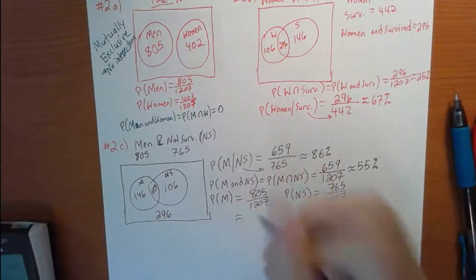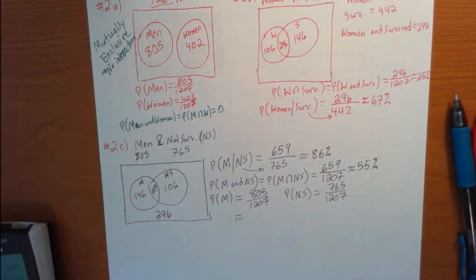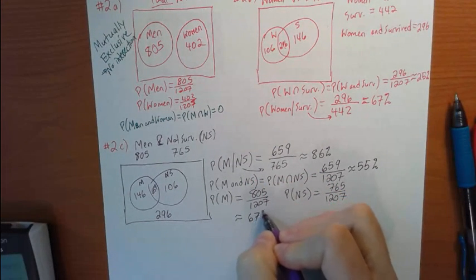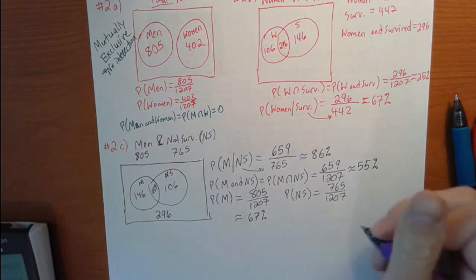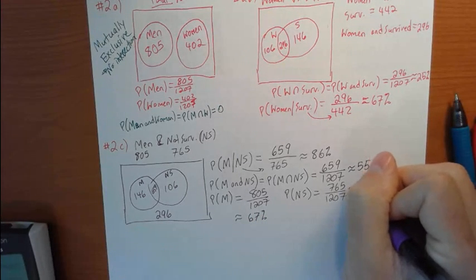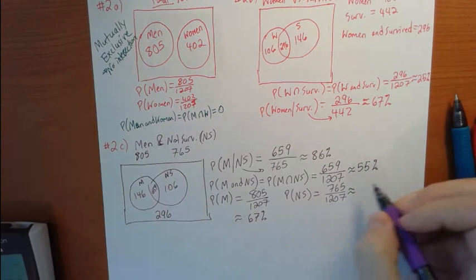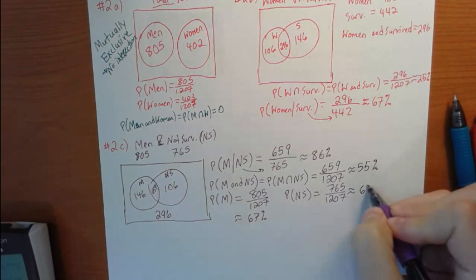So we can find those probabilities really quick. 805 over 1,207 was about 67% men. And 765 over 1,207 was about 63%.